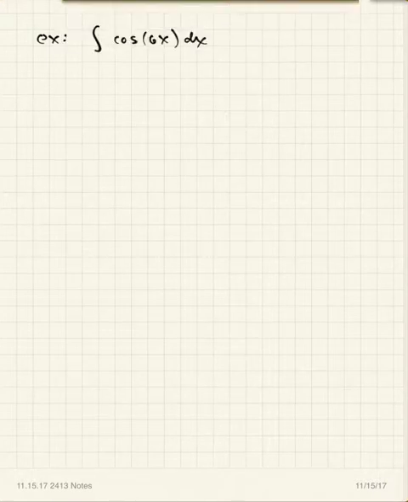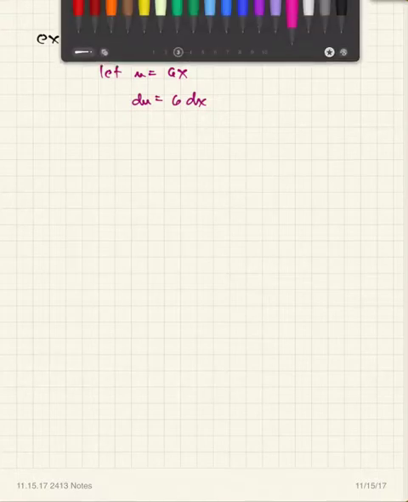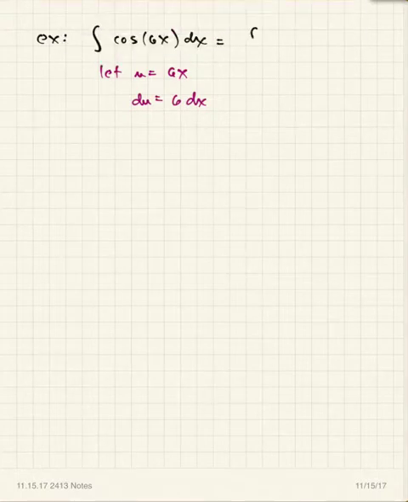And so you're letting u be that inside function here. So I let u equal 6x. Then remember that du is defined to be the derivative of 6x, which would just be 6 dx. If I'm going to make this substitution, what do I need to do? I'm going to replace dx with something, and I've got 6 dx right here.